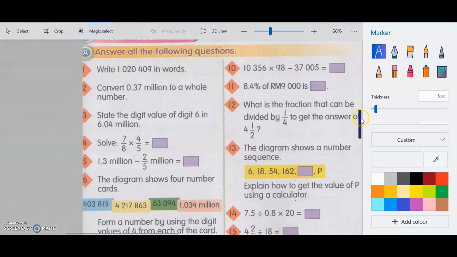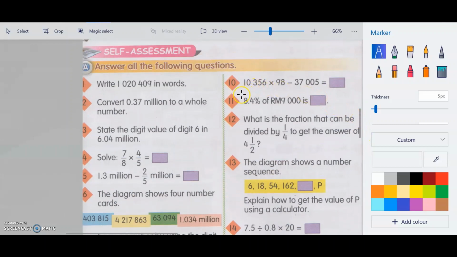Question 10. Times and then minus. So you times first. 10,356 times 98.